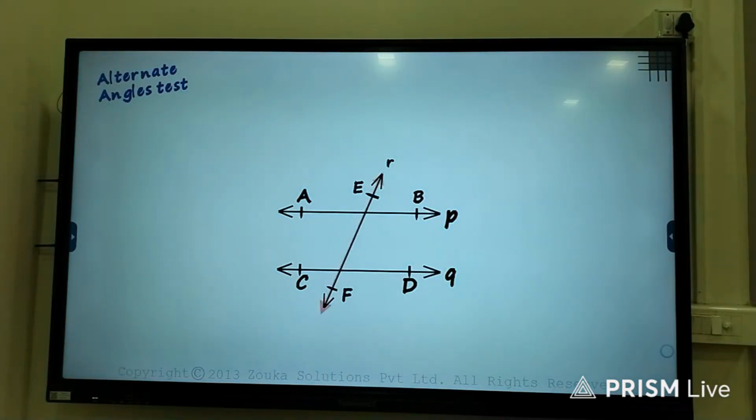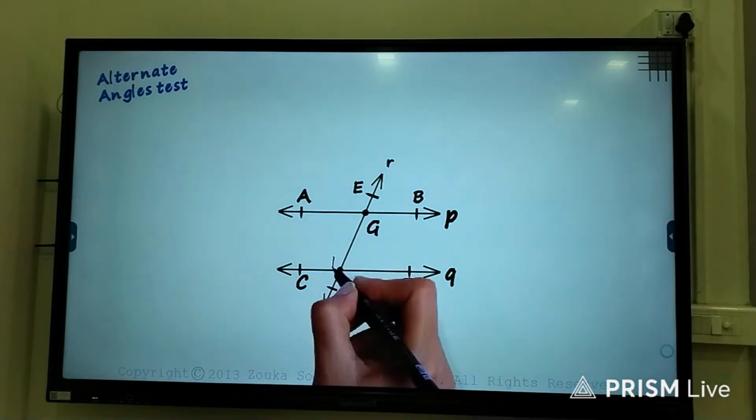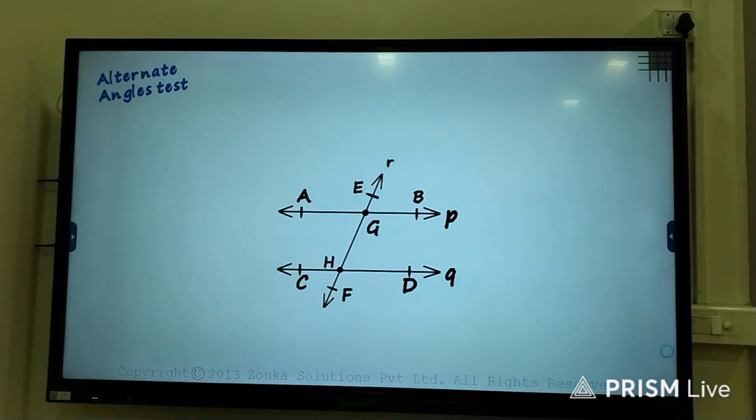As we can see, the transversal R meets the lines at 2 points. Let's call them points G and H. The only reason why we name each line and each point is because angles are involved. We can now call this angle AGH. We can call this angle here GHD, and so on.